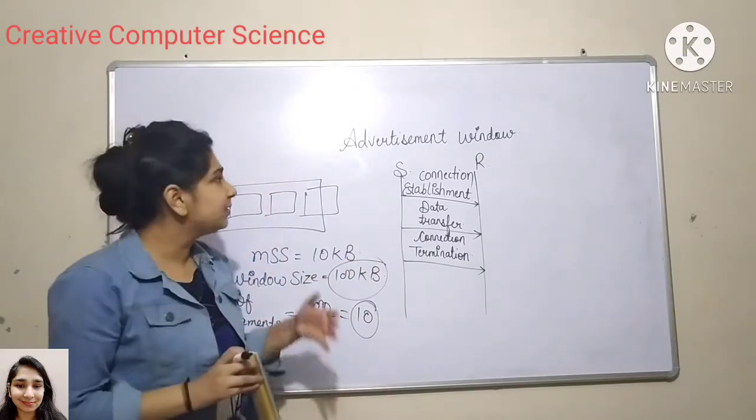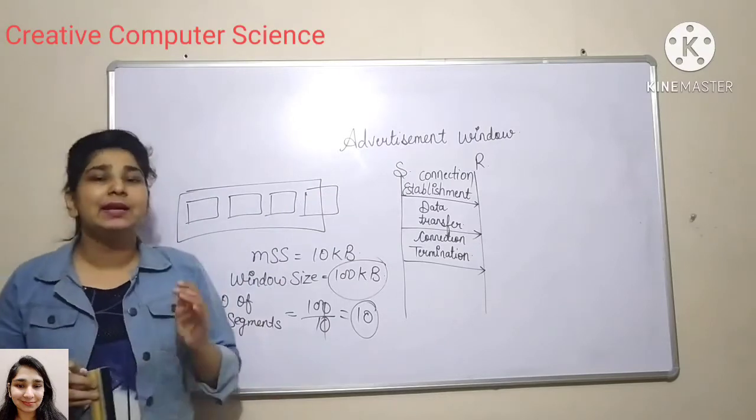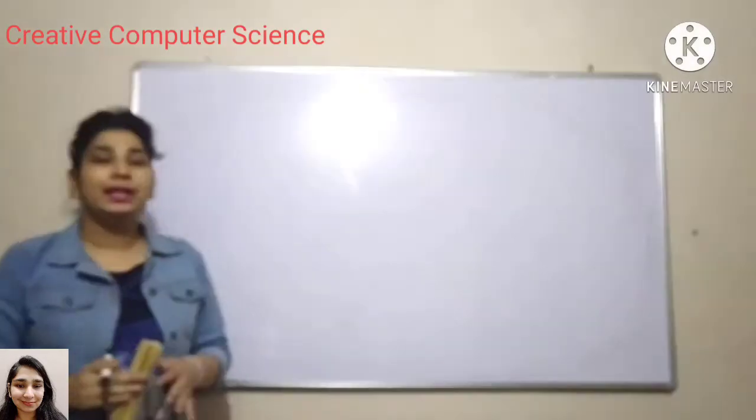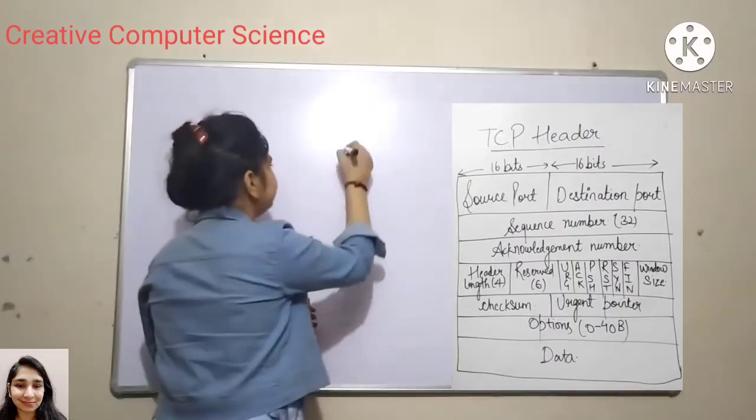So this was the real purpose of using the advertisement window size in the TCP header. Now let's discuss what the urgent pointer is.